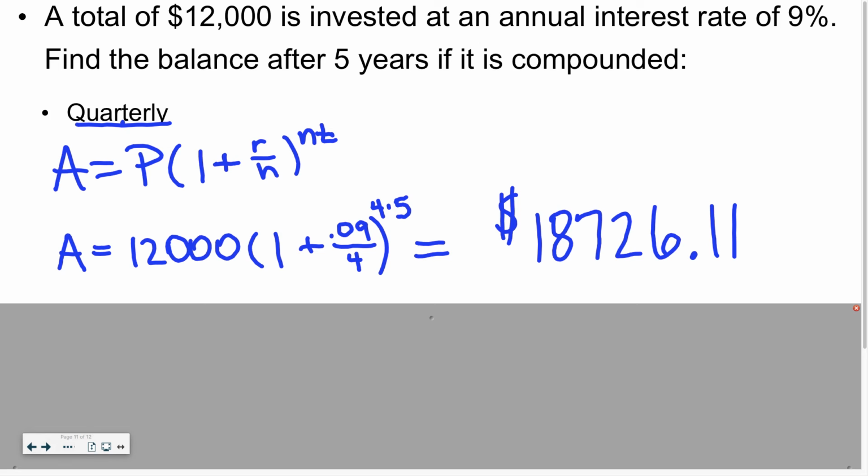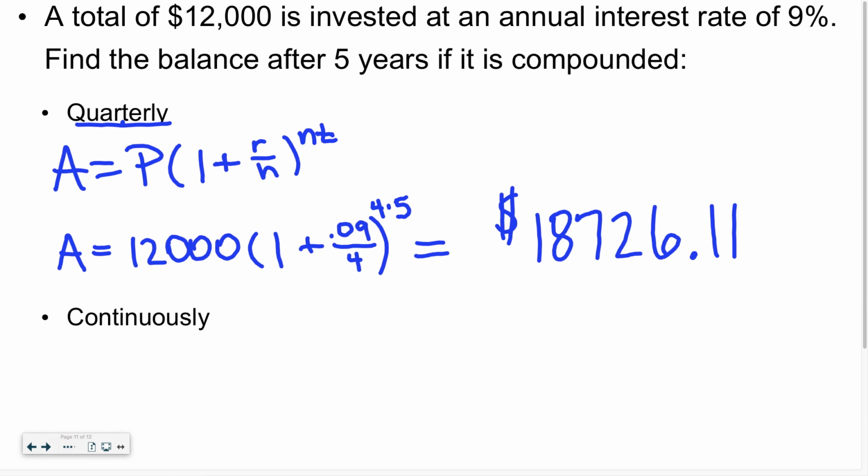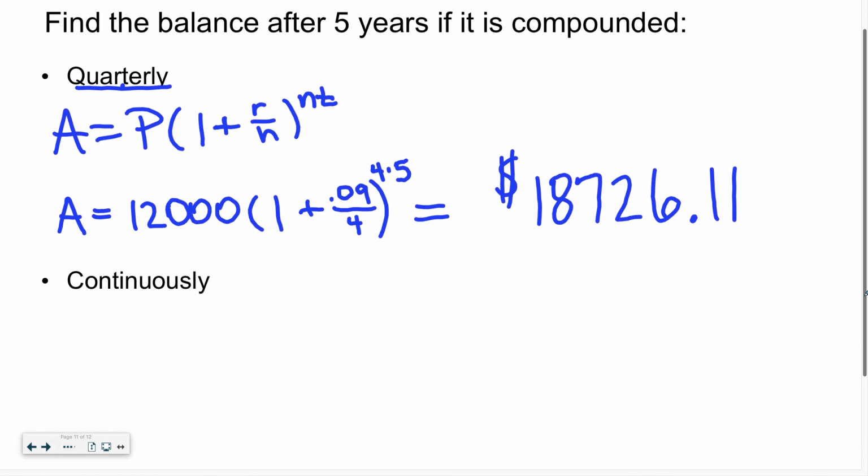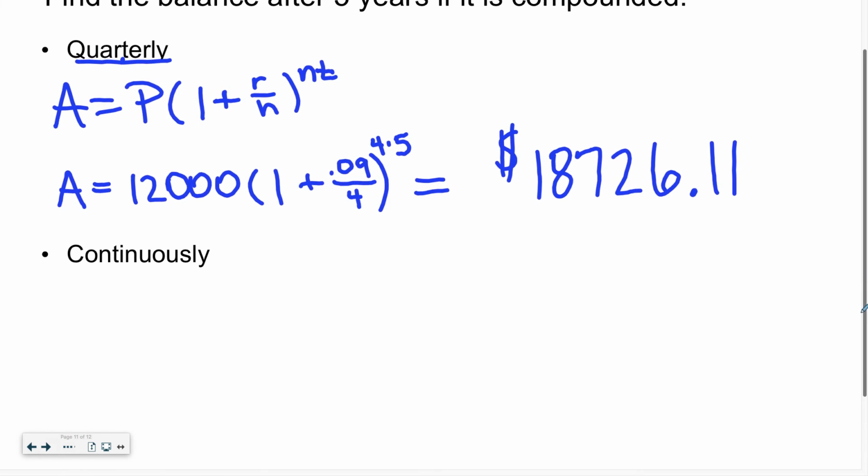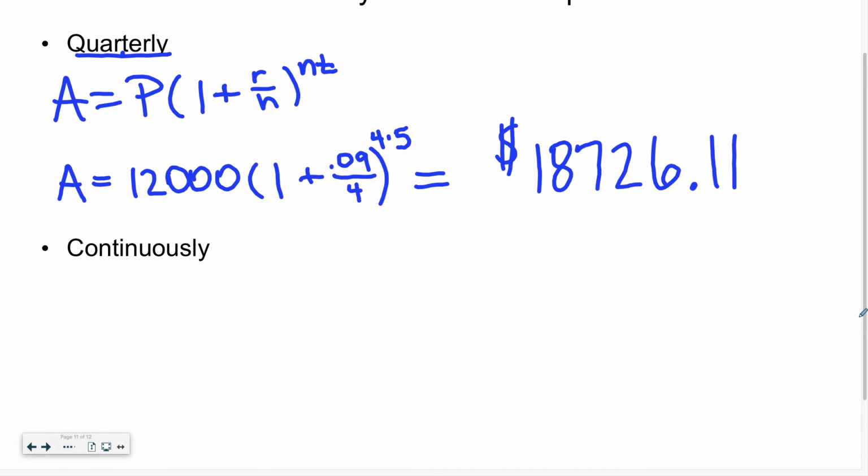Now, let's calculate it if our interest is compounded continuously. Before we plug it in, is this going to give us a higher amount or a lower amount? We are compounding more often, which means we're going to gain more on our interest. Compounded continuously means PERT: P, e to the rt.